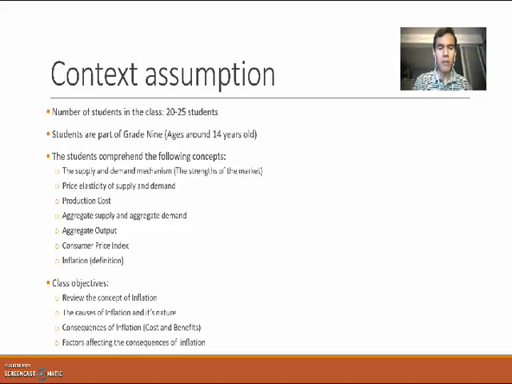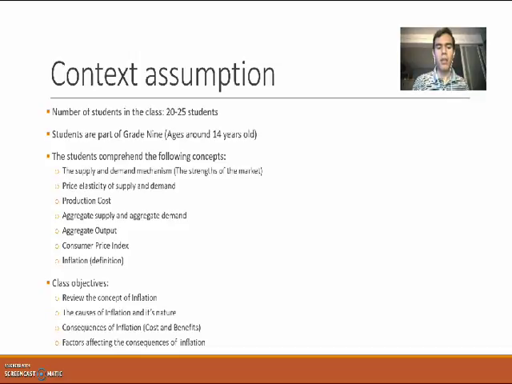With this class, we're looking for them to achieve the following objectives. The first one is to go deeper into the knowledge of what inflation means. And then we will go over what the causes of inflation are, why we have inflation, and what the nature of these causes is, if they come from the cost or from the demand, from the supply or the demand.